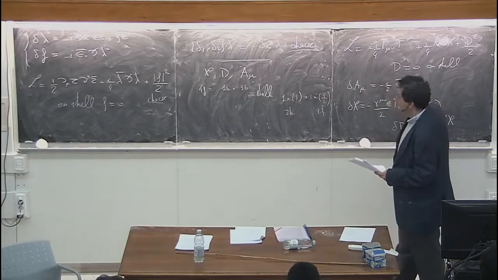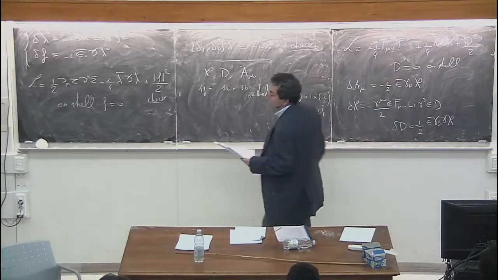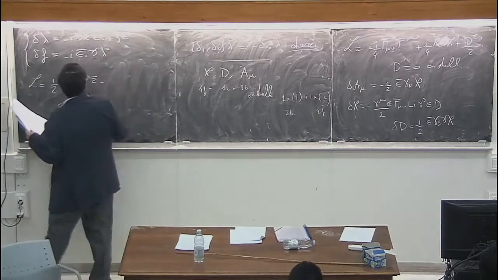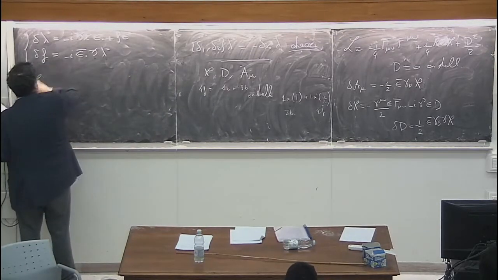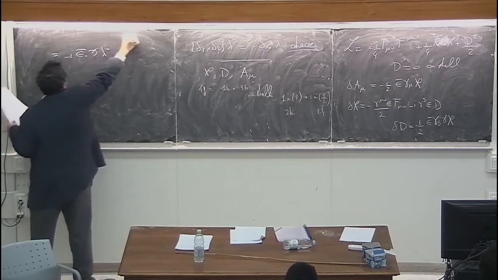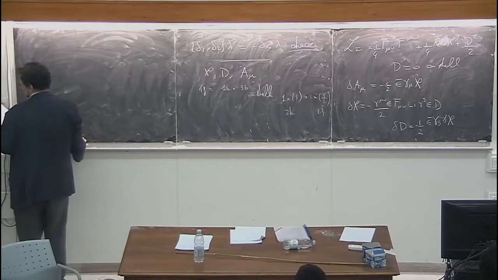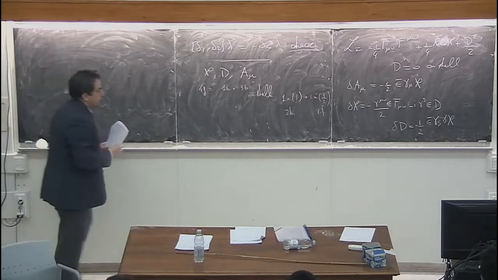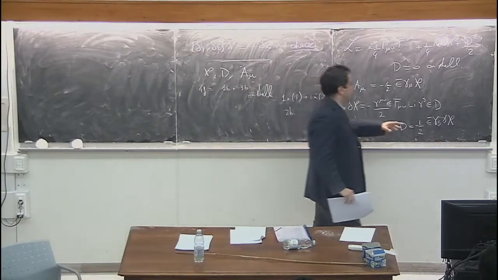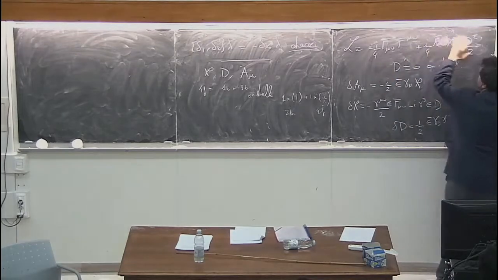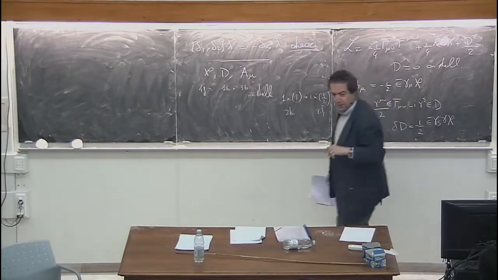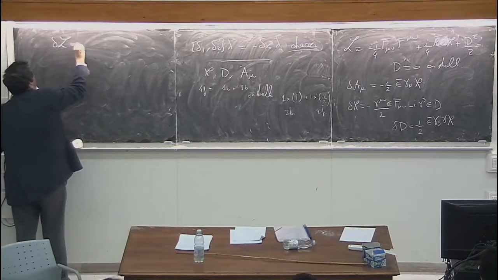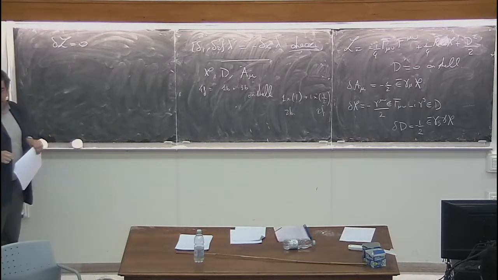Okay, this is important for the construction of supersymmetric actions. It takes some computation, but you can verify that this action is supersymmetry invariant. If you have any problems, we can discuss it, okay?